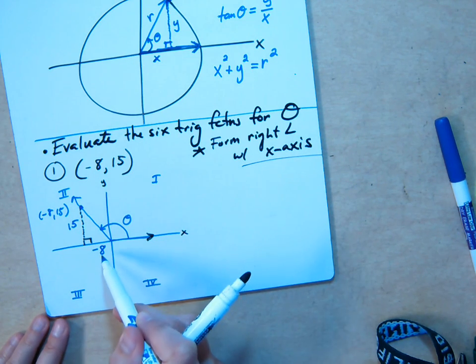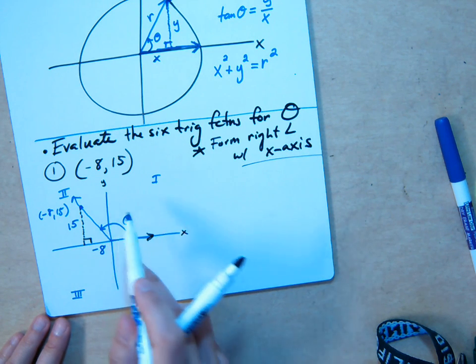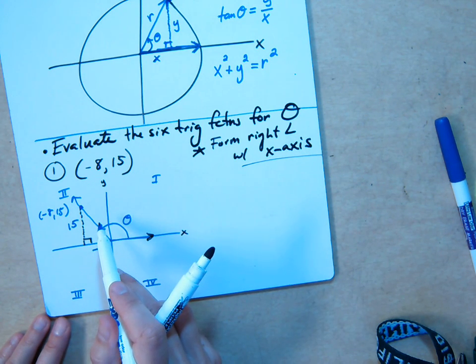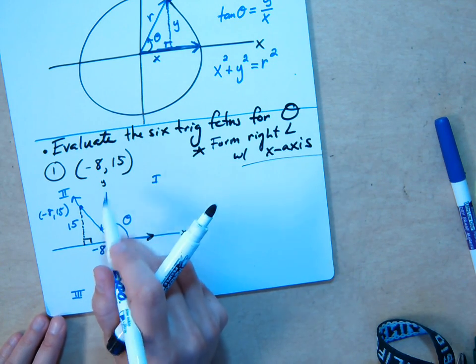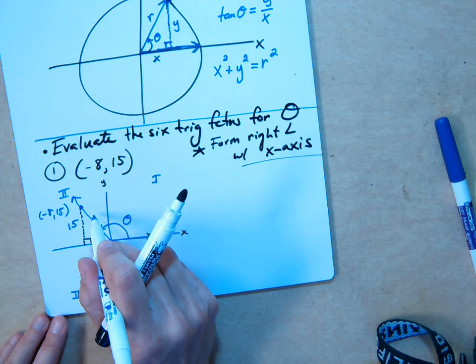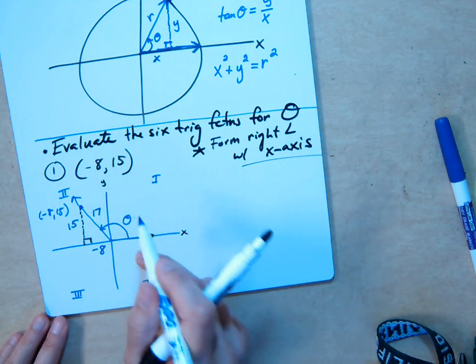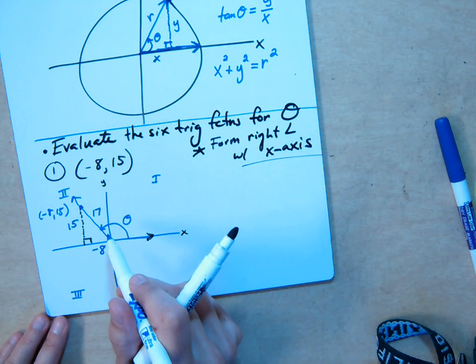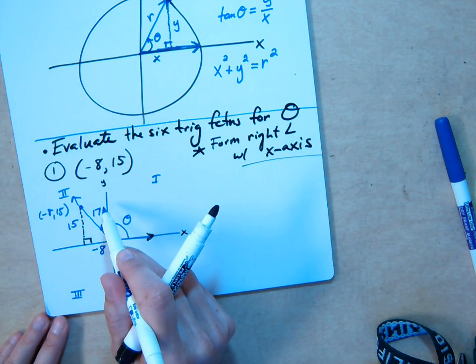So it has to be -8 that side and up 15. And of course, what's this missing side? You're going to have to do the Pythagorean Theorem to find it. It'll be 17. 8, 15, 17 is a Pythagorean triple. So you do -8 squared plus 15 squared equals c squared and solve for that.